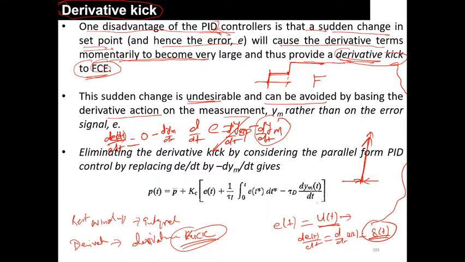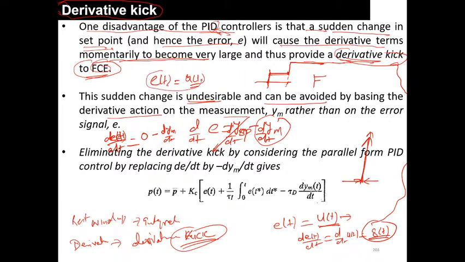So the sudden shock will come due to this error. Why? Because generally we take a step input, a step type of change, u(t).